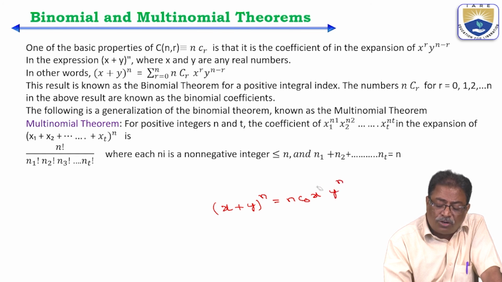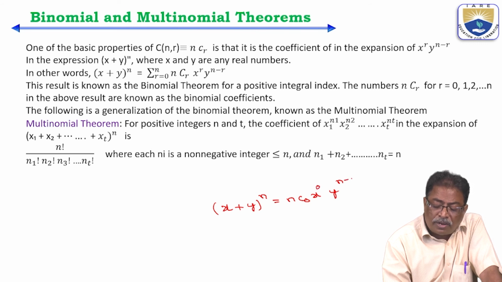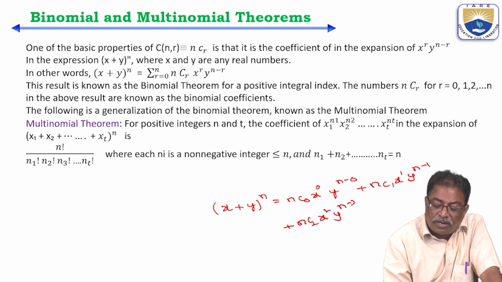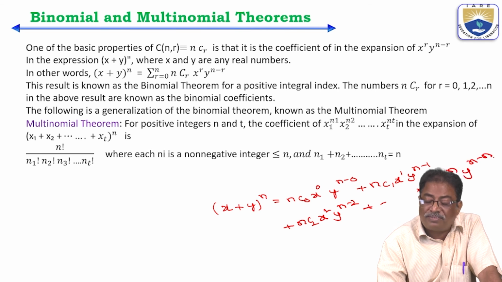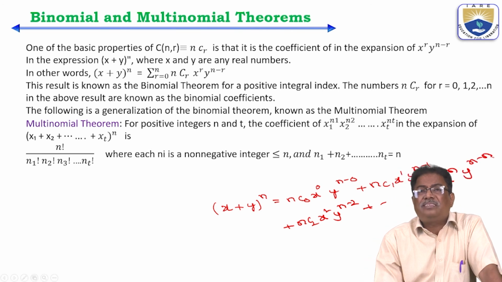If I take 0, then x power 0, y power n minus 0, plus nC1, x power 1, y power n minus 1, plus nC2, x square, y power n minus 2, and so on, plus nCn, x to the power of n, y to the power of n minus n. So this is the expression.